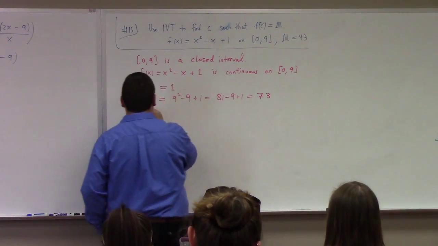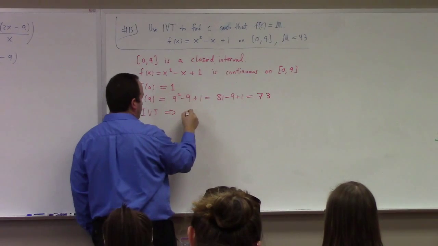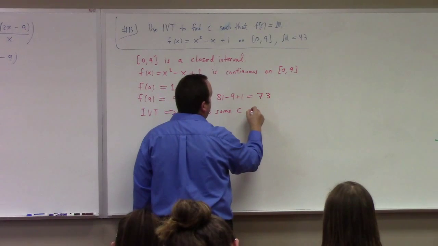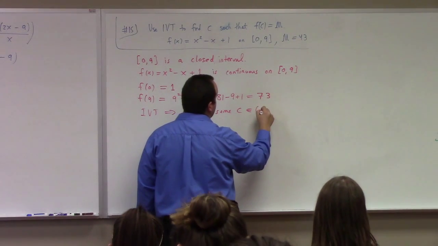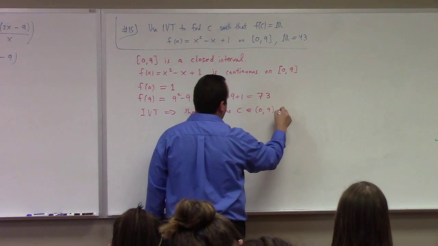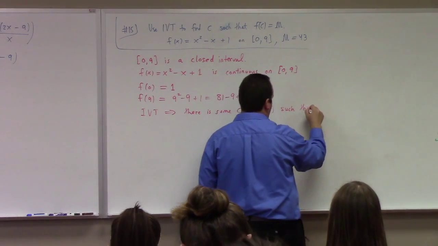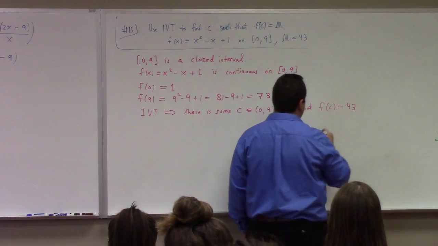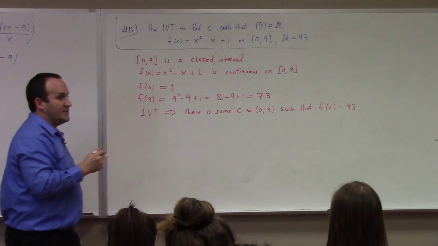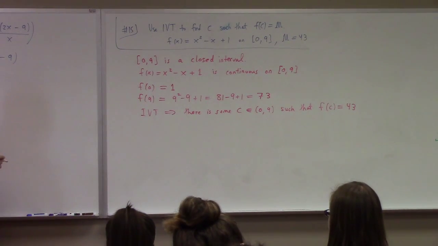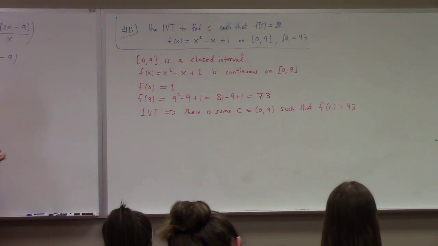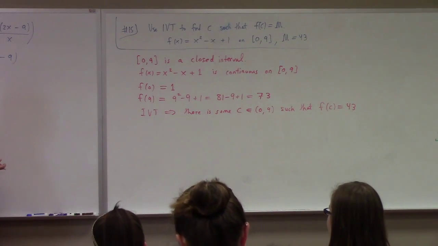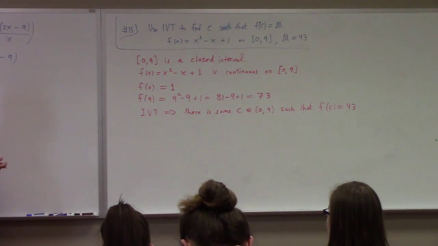So the intermediate value theorem implies that there is some c in the interval 0 to 9 such that f of c is equal to 43, because 43 is between 1 and 73. It's an intermediate value. Now the intermediate value theorem doesn't tell you how to find it, but it tells you it's there. How do we find it?